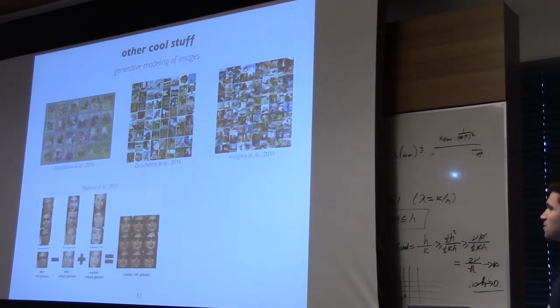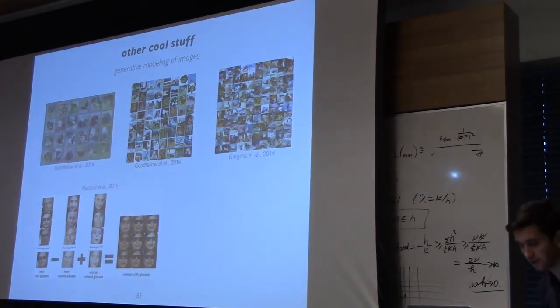And you can do these kind of cool things where you're moving around in this latent space and generating the resulting output. So if you take, for instance, the representation of a man with glasses in this generative model, subtract man without glasses, so that should give you woman. Or no, that should give you the glasses, sorry.